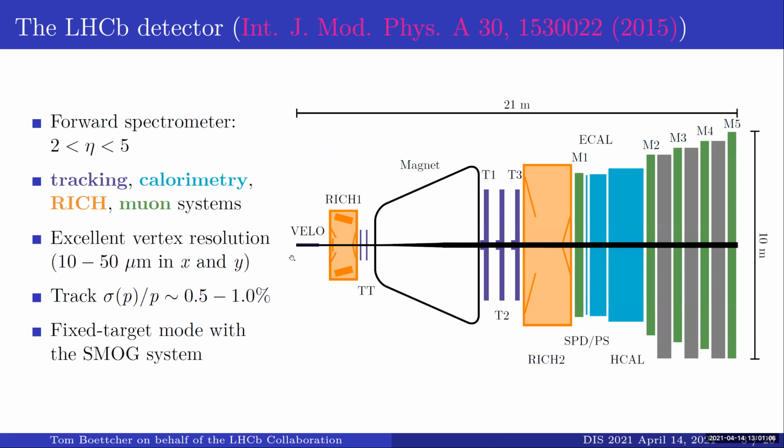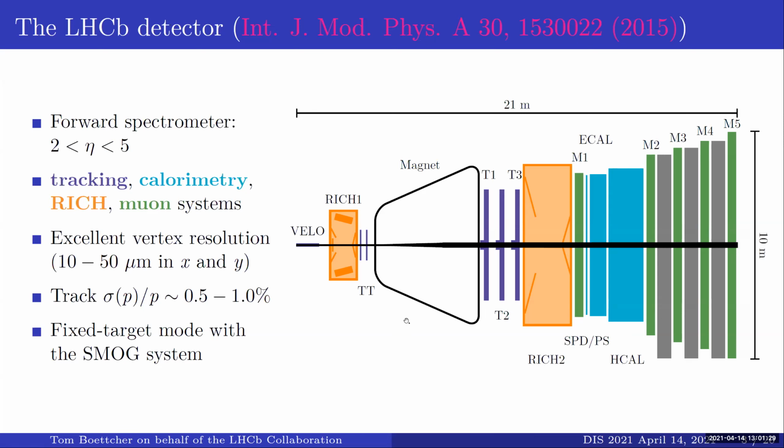It also includes a calorimetry system with an electromagnetic and hadronic calorimeter, 2 RICH detectors for particle ID, and a muon system. While this is an experiment designed to study B physics, it really serves as a general purpose detector in the forward region.